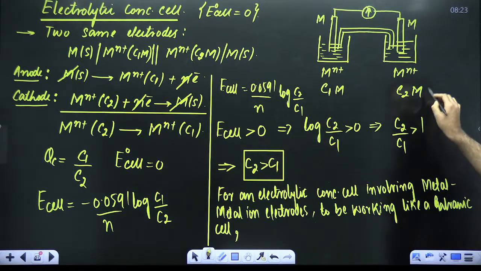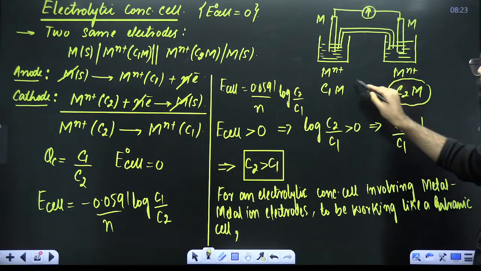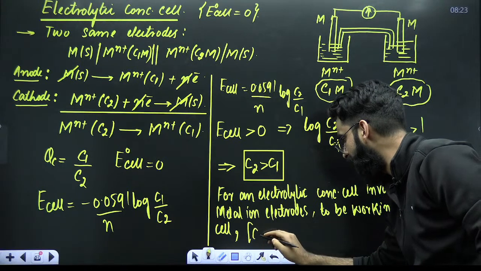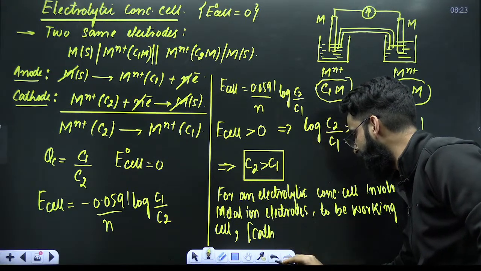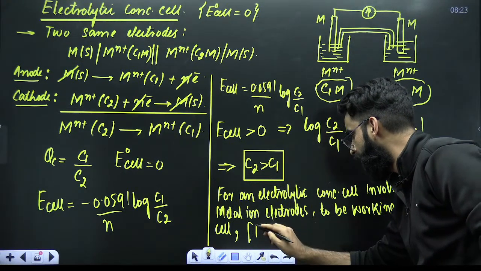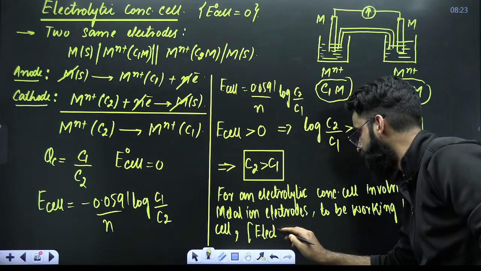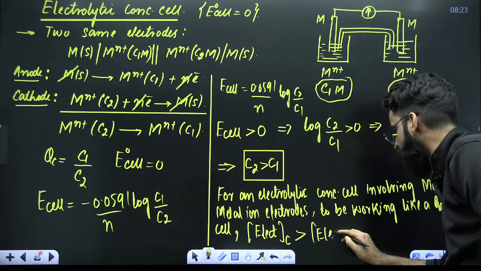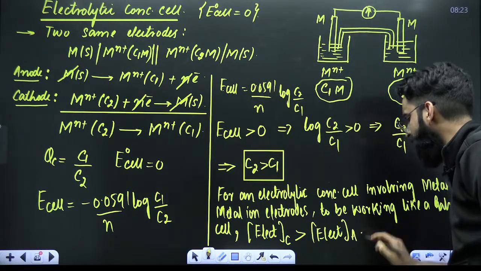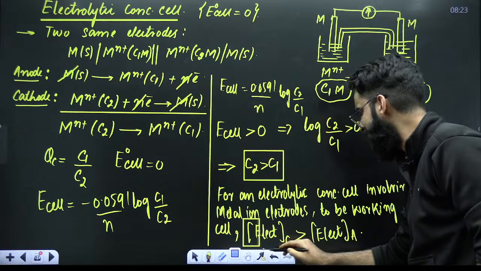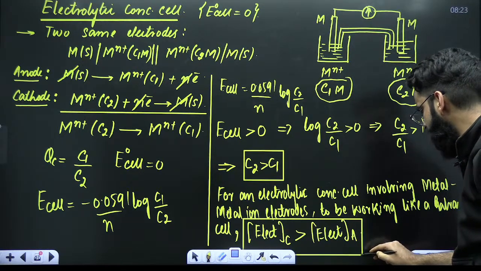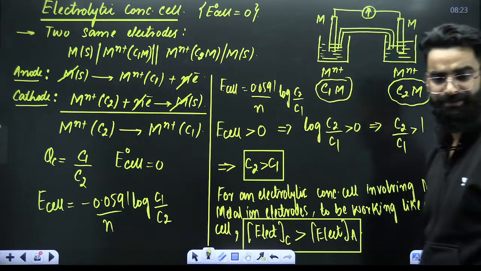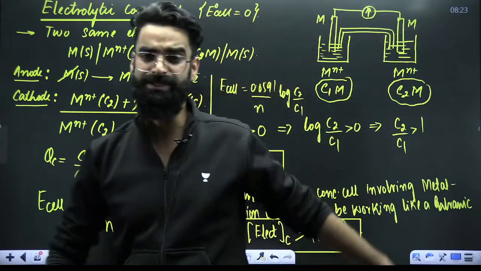What is C2? C2 was the concentration of electrolyte in the cathode. C1 is the concentration of electrolyte in the anode. So I'll say the concentration of electrolyte in the cathode should be greater than the concentration of electrolyte in the anode. This is the condition which this electrolytic concentration cell has to follow. Then only I can say its E cell value is positive.